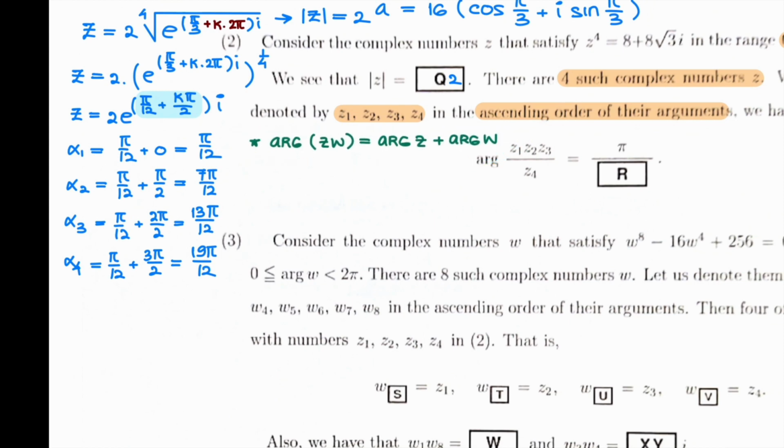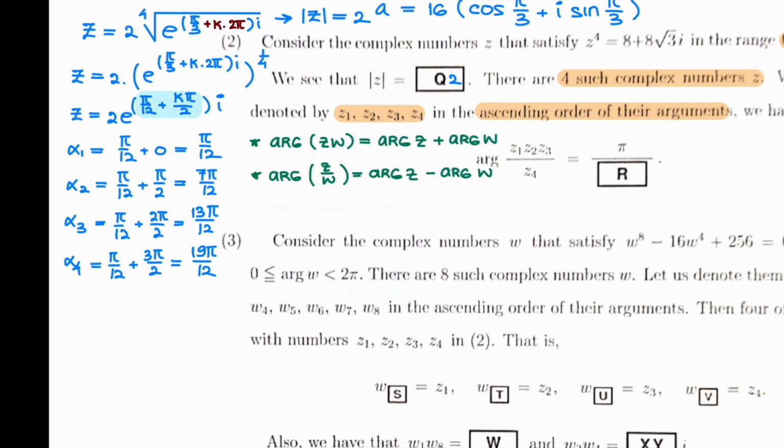And then if you want to calculate the argument of z over w, by using the properties of argument, argument of z over w is equal to argument z minus argument w. This is very similar to the properties of logarithm.